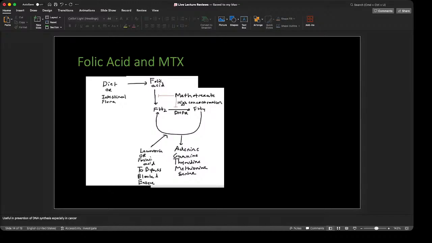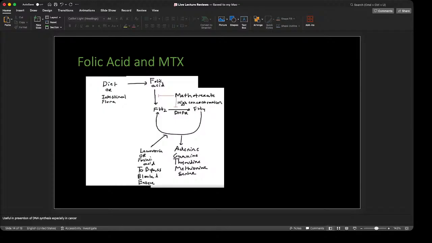So for example, the first one here is the folic acid and methotrexate. Some of you may not recognize this, but methotrexate, in higher doses, is going to prevent the usefulness of the folic acid, essentially, because folic acid comes from our diet or intestinal flora, and then it gets converted to the FH2.